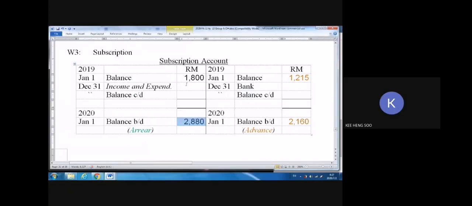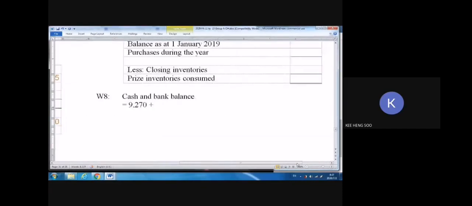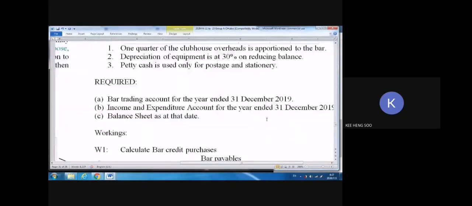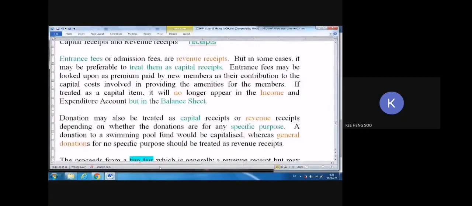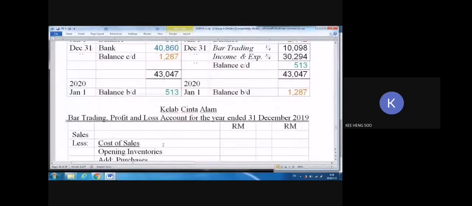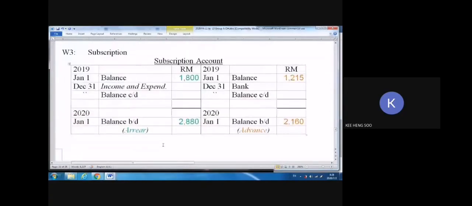So this will be your asset. In advance 1215, 2160. Arrears 1,008 and 2880 from the question. Maybe you keep this. So you prepare this subscription account.